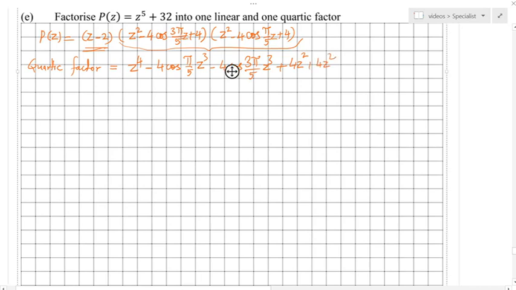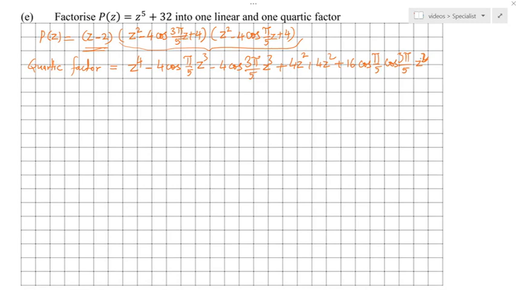When you multiply the two middle terms, you get a 4 there, you get a z square there as well, so that becomes plus 16 cos pi over 5 cos 3 pi over 5 z square.